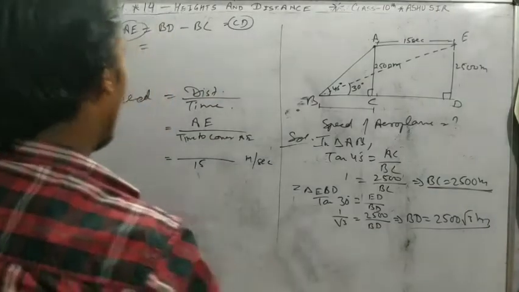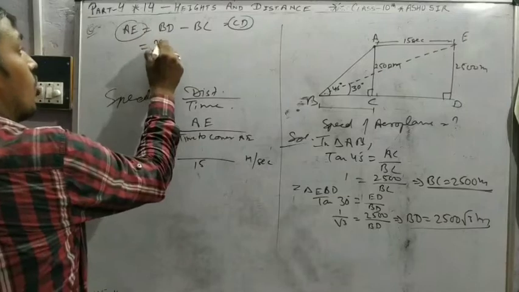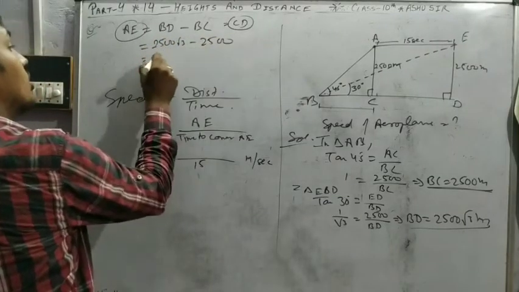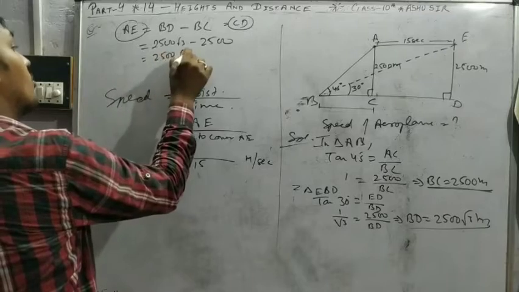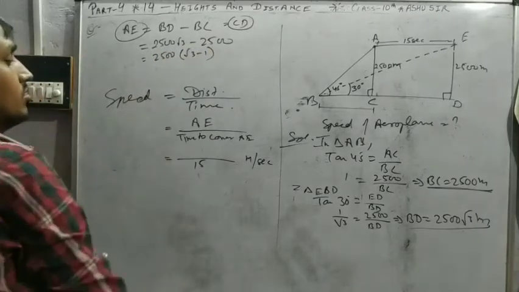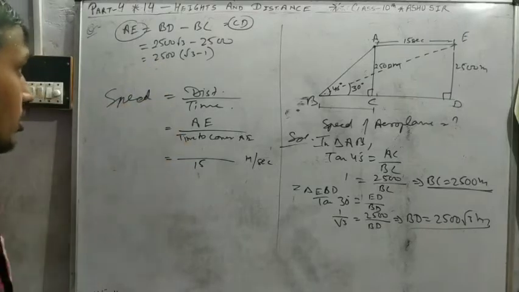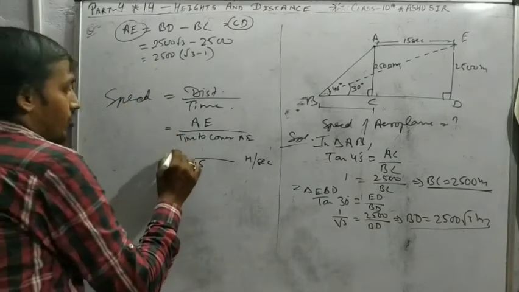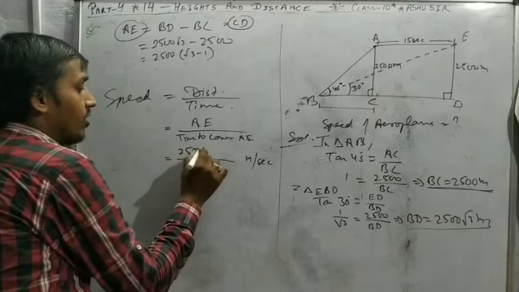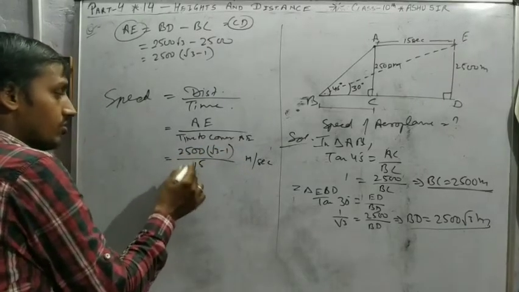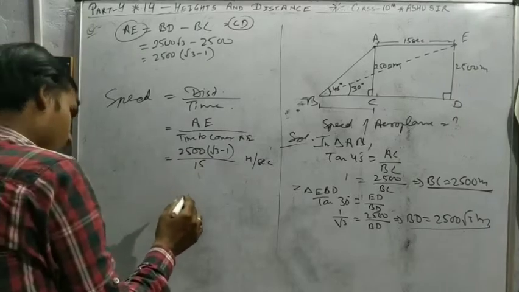Then find AE: 2500 root 3 minus 2500, 2500 common, root 3 minus 1. Then put the value here. 2500 root 3 minus 1, it cancels, just cancel.